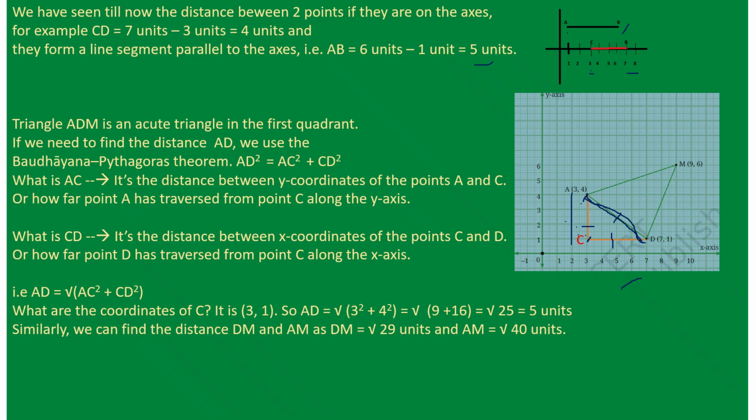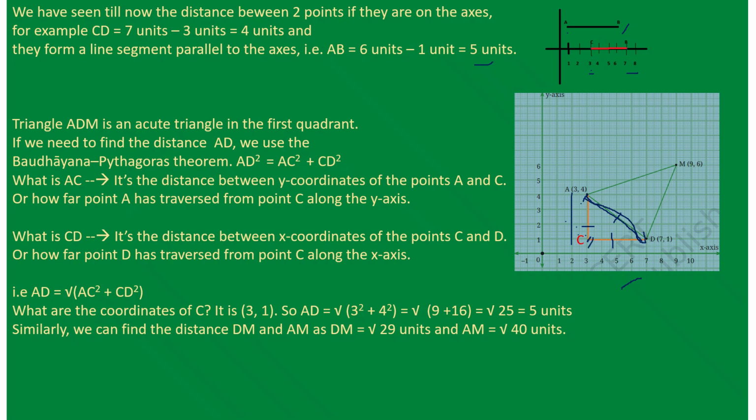So the distance of the y coordinates of the points A and C gives the length AC. Similarly, we can find CD, which is nothing but the distance between the x coordinates of the points C and D. Or how far the point D has traversed from point C. This is the length of the line segment CD.